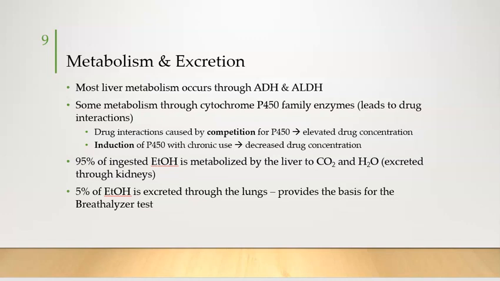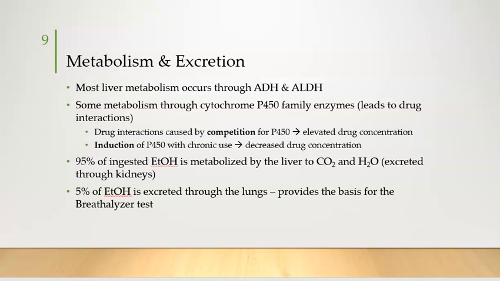Now, submetabolism does happen through the cytochrome P450 family of enzymes, which can lead to drug interactions. Remember, we talked about with other drugs how taking alcohol with these drugs can actually alter what happens. We talked about that with cocaine and others.